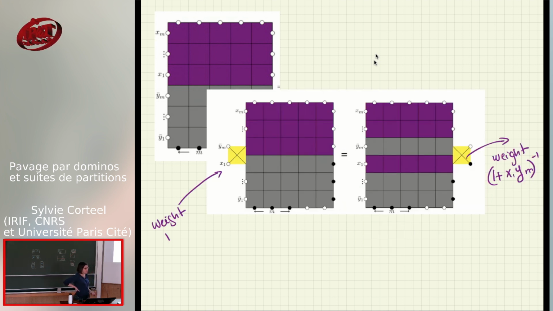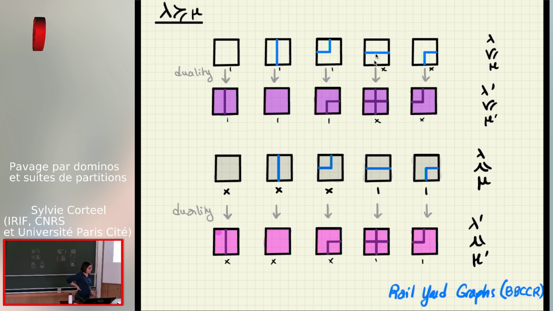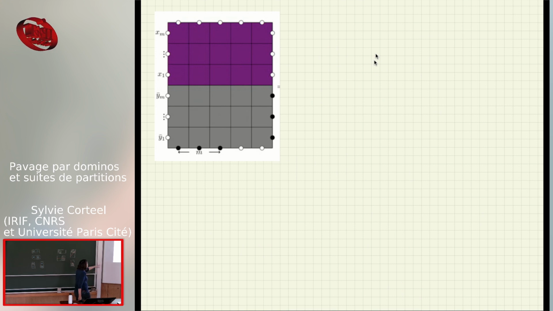And so why things are now easy to do is that if I start with the empty partition, I take off a bunch of vertical strips, I add a bunch of horizontal strips, and I end up at the empty partition, then I have just one unique way of doing that. So the partition function of this model here is just a monomial.